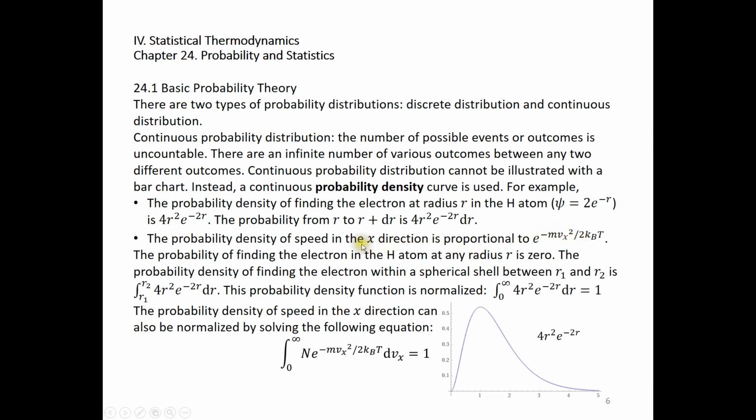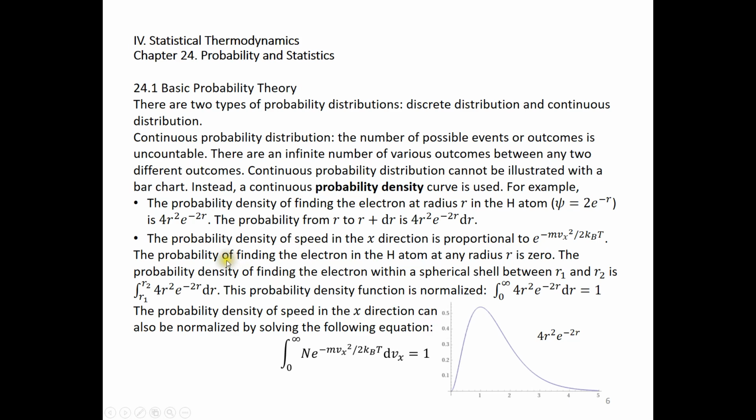And we're focusing on the x direction. All right. So there are 2 examples about continuous probability distribution. And in that case, we need to visualize the probability density. Okay, we cannot visualize probability.